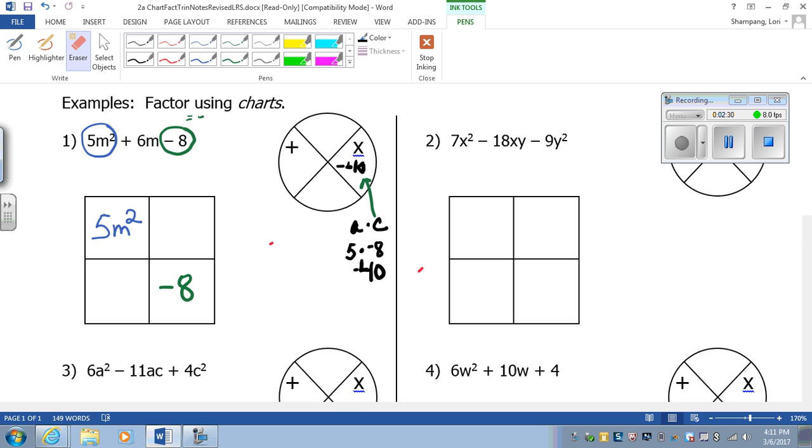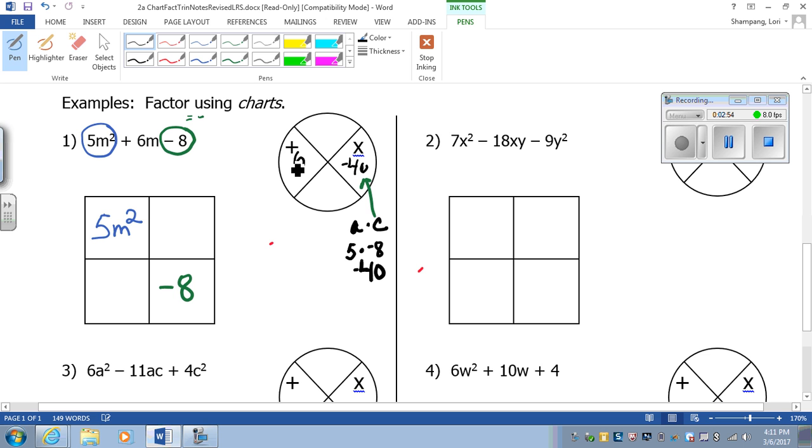Okay. Now, what are we going to put in the plus part of the x? We're going to put the 6m in that part, or just the 6. So we're going to put the coefficient of the linear term, which is just going to be positive 6.